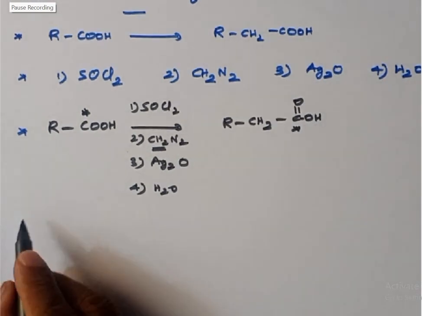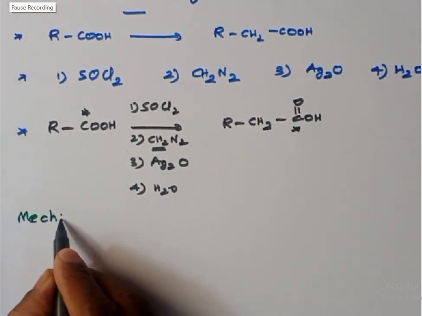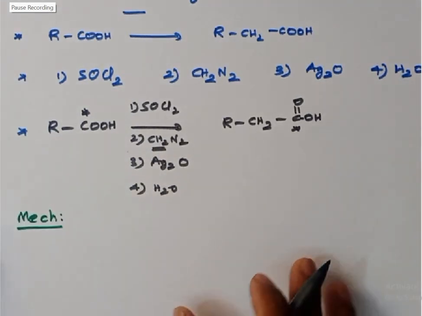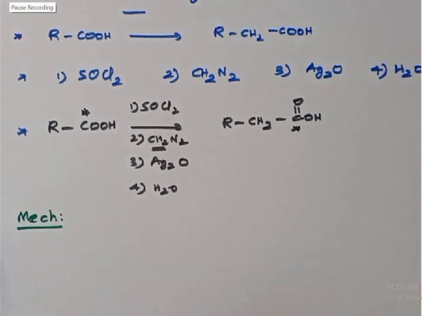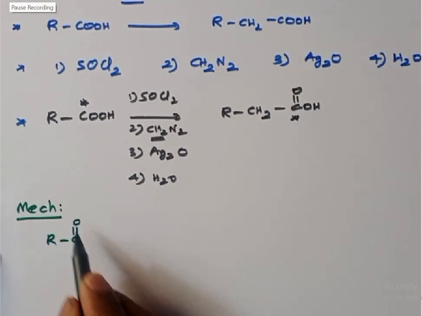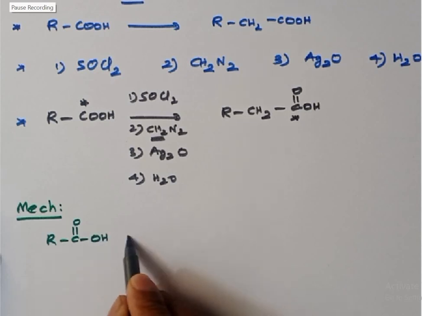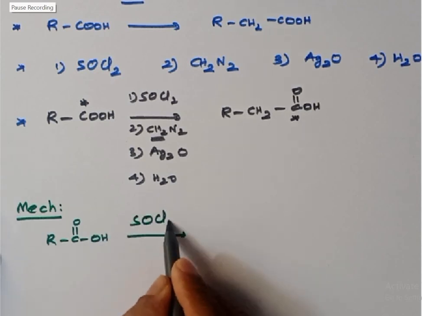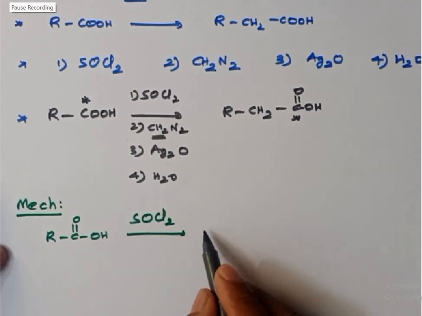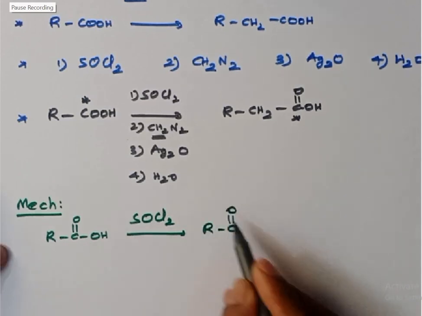Now what is the mechanism, how is this reaction taking place? Actually, this Arndt-Eistert synthesis involves Wolff rearrangement at one particular stage. Let me show that. The first step is this: the carboxylic acid first reacts with SOCl2, and this mechanism is very simple, so I'm not going to write that. You will get RCOCl.